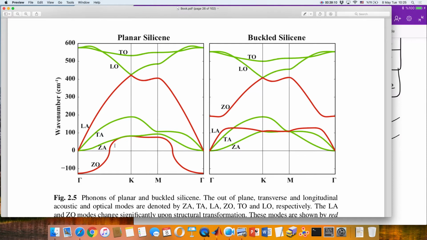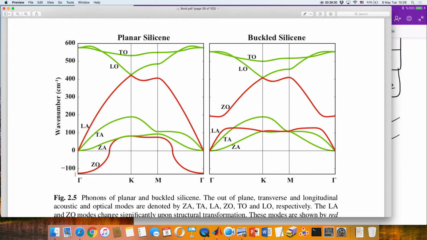It's actually going to imaginary. And you are not seeing just the fact that it's imaginary, so there's no restoring force. You also know what's the problem with the structure, because you can look at the mode and it will tell you that one silicon atom wants to go up, the other one wants to go down.